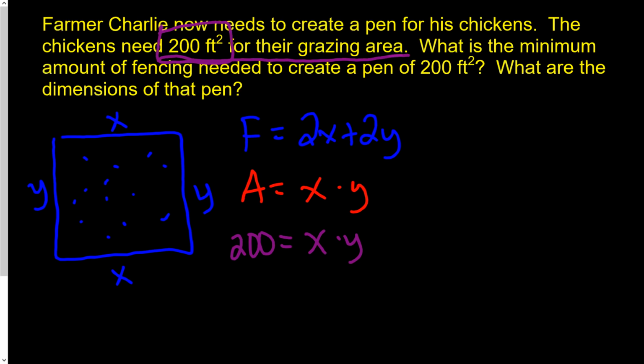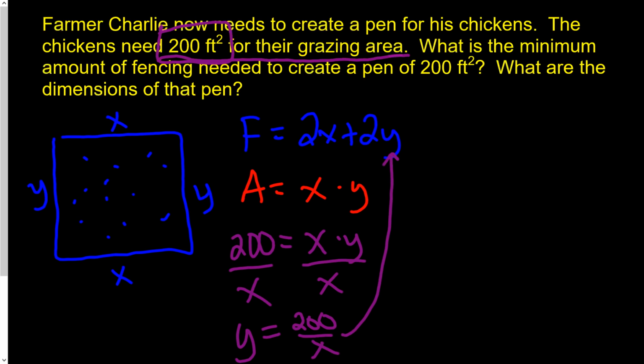So what I can do is solve this one for y. I'm going to divide by x on both sides, and I get y equals 200 divided by x. So I'm going to go back up here into the fence equation, and replace that y with 200 divided by x.